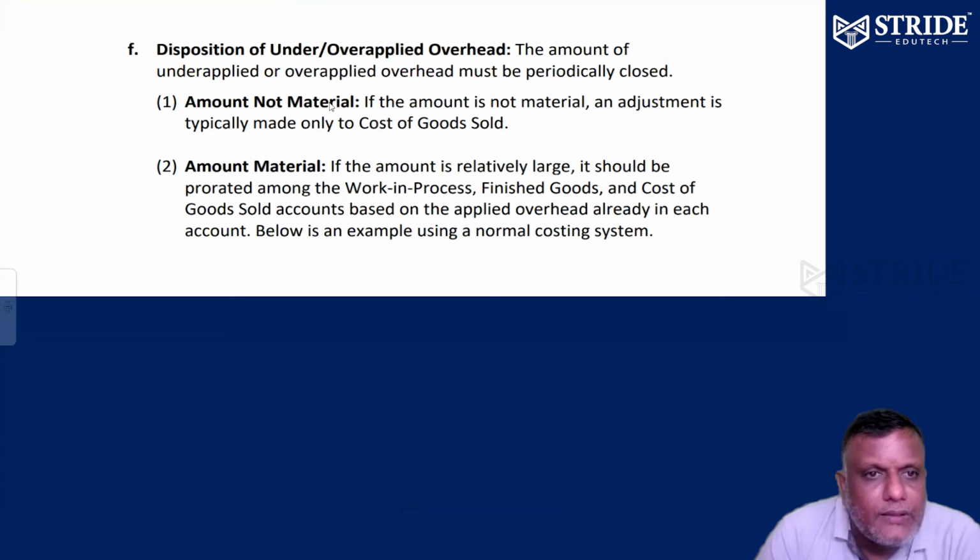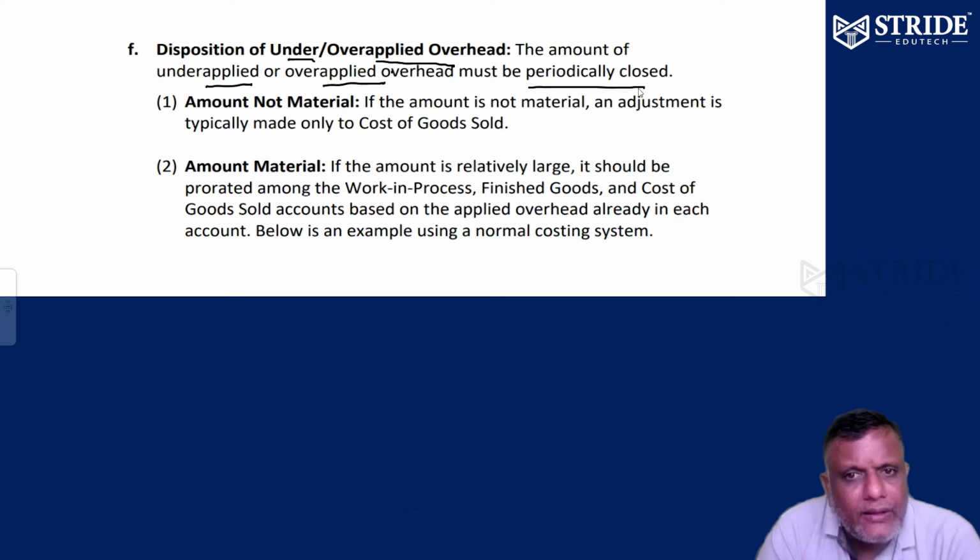Let's see the disposition of under or over applied overheads. How is the overhead absorption to be adjusted? Any under applied or over applied amount, periodically we have to close it. Typically it will be transferred to COGS.